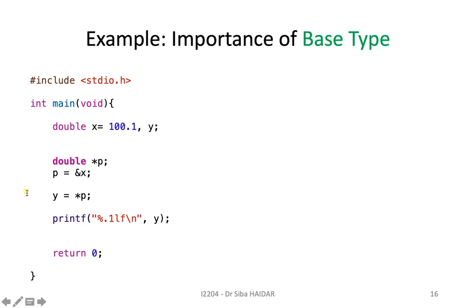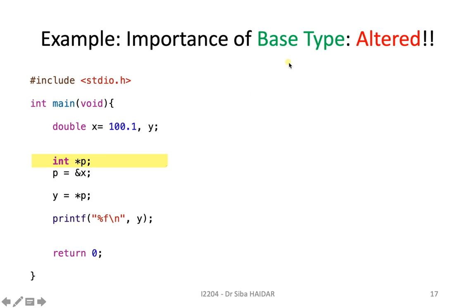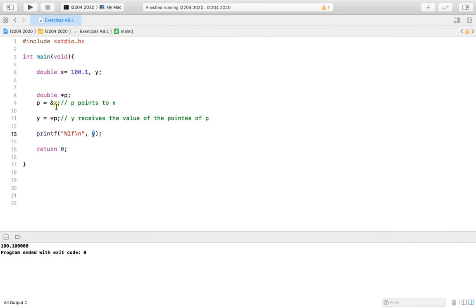If we continue with this example, we will alter it a little bit to change the base type of p into int, and this is the purpose of the example. This time we change the base type of p into int instead of being the same base type as the variables x and y.